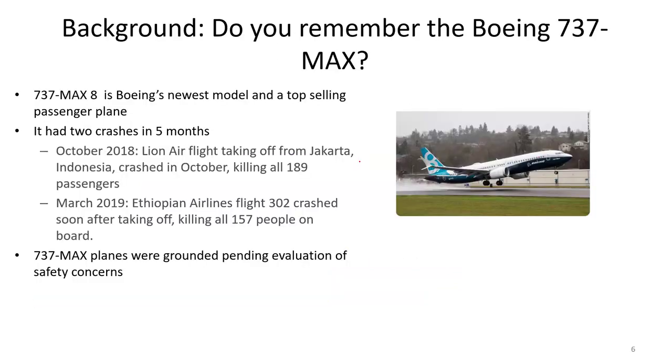So first, a little bit of background. You may remember hearing about the Boeing 737 MAX. This was a brand new passenger airplane made by Boeing, and it was a top-selling passenger plane. However, after it was released to the market, there were 2 plane crashes in a 5-month period of time.